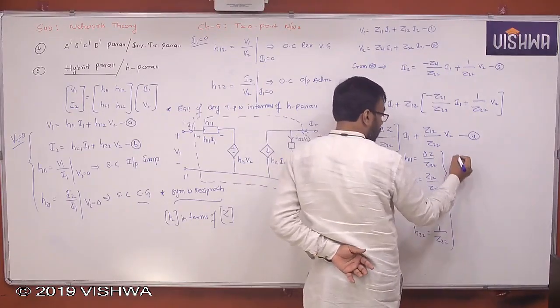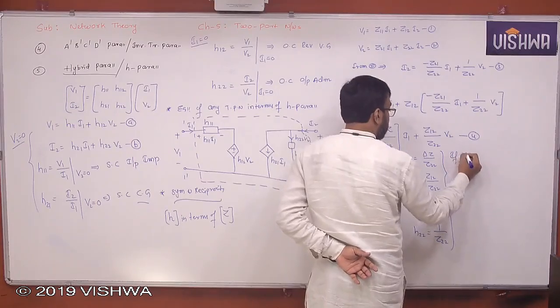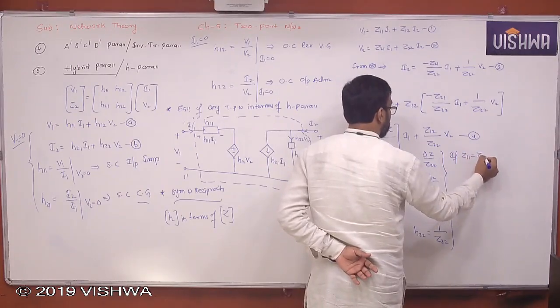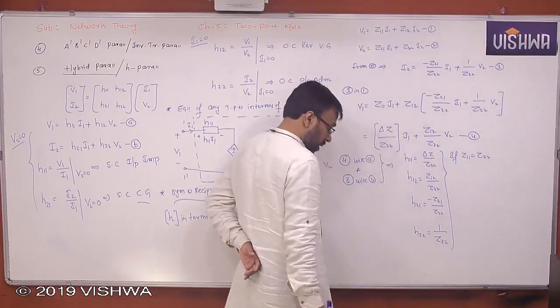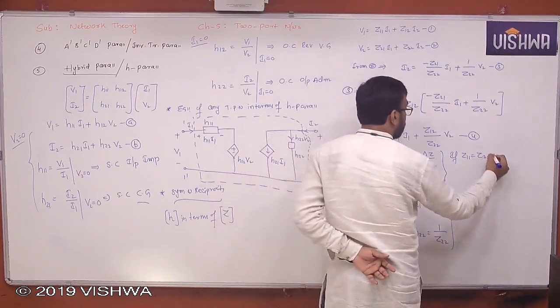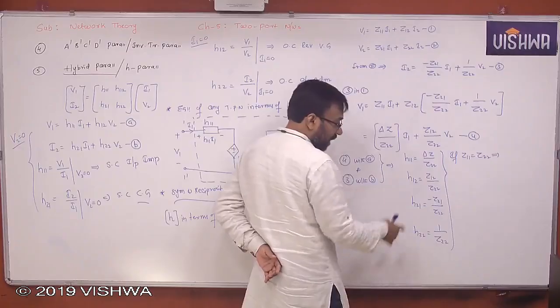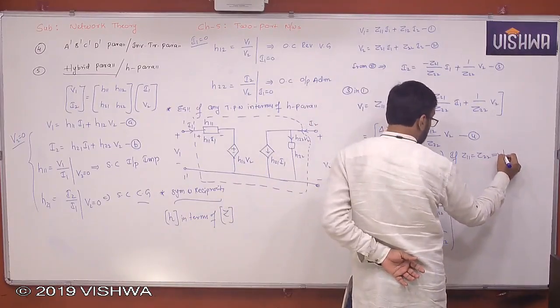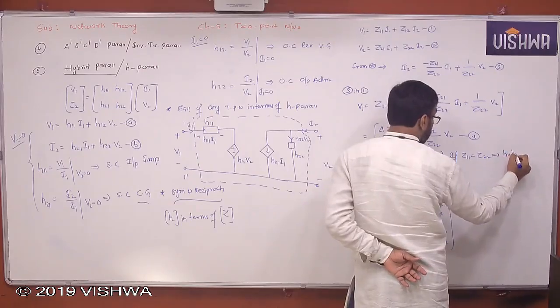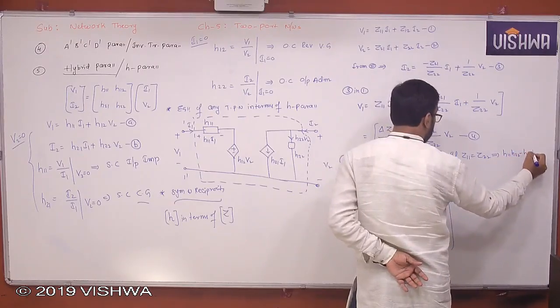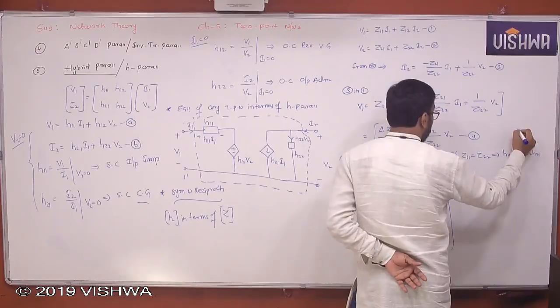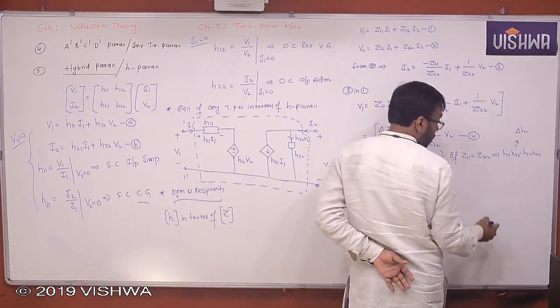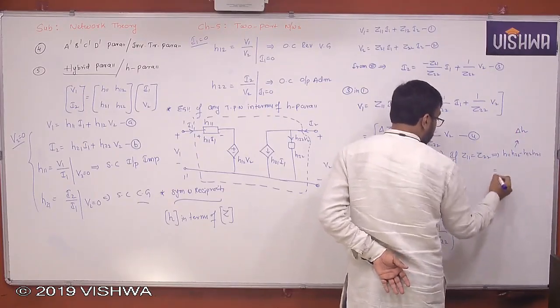So from this, if Z11 is equal to Z22, because this is the condition for symmetry. Now if you apply this, you won't understand anything directly, but if you calculate del H, what is del H? H11 H22 minus H12 H21. This is called del H, the determinant of the H matrix. What do you get here?